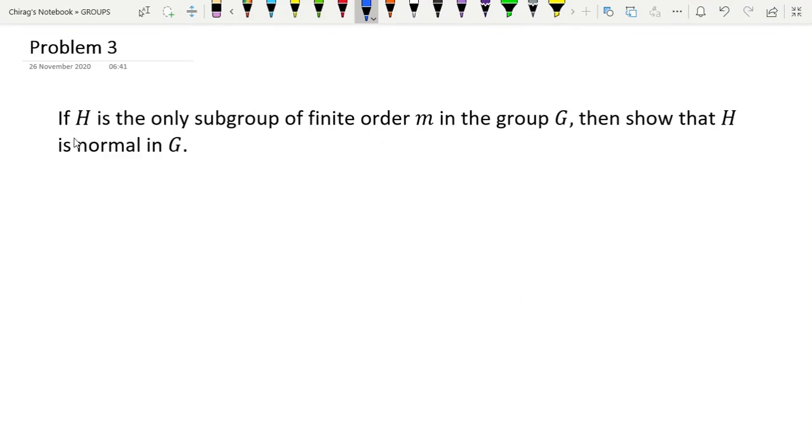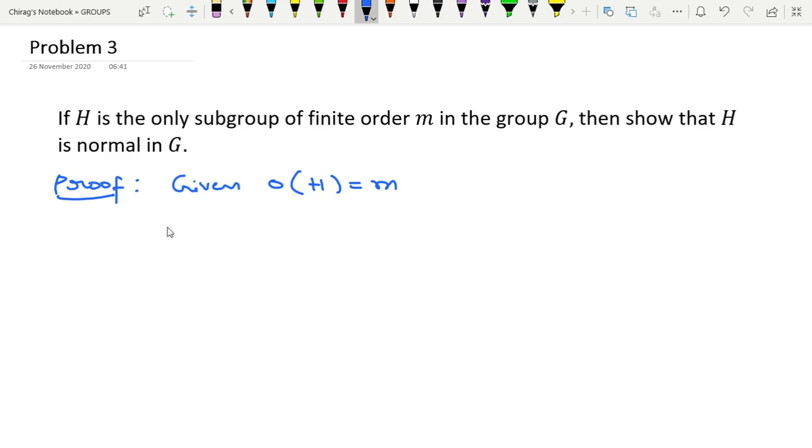Now problem number 3. If H is the only subgroup of finite order m in the group G, then show that H is normal in G. Proof. Given the order of H is equal to m, and this is the only subgroup of G having m elements.